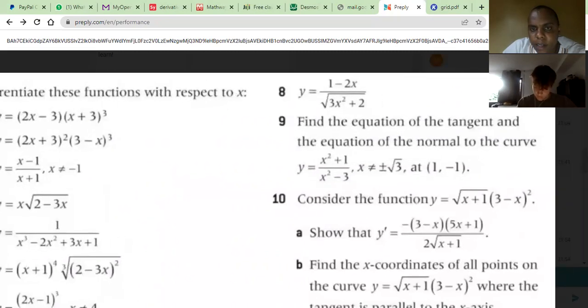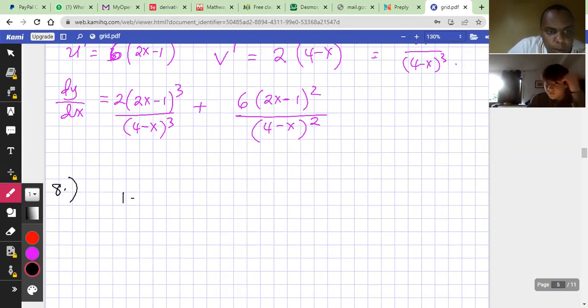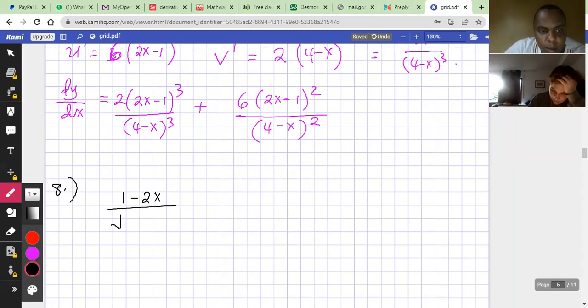So 8 is 1 minus 2x divided by the square root of 3x squared plus 2.